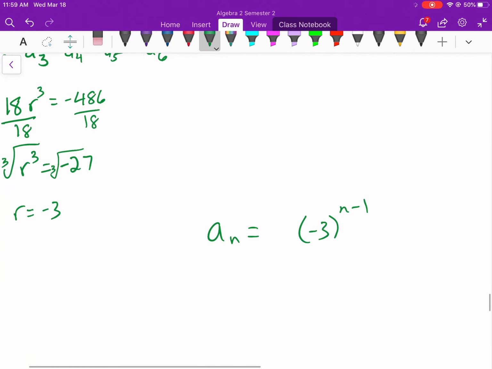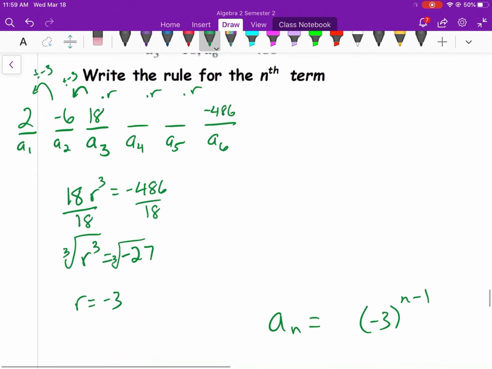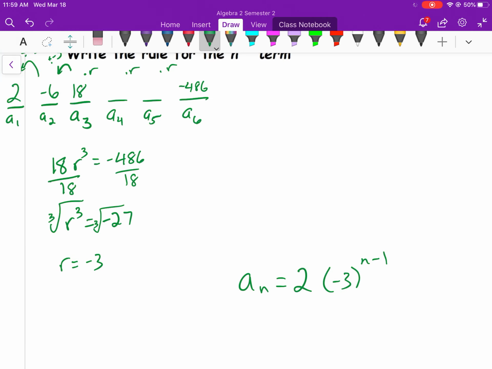I know I have a common ratio of -3, meaning instead of going back a term, I'm going to divide by -3. 18 divided by -3, we're going to get -6. -6 divided by -3, we're going to get +2. Therefore, first term is 2. And since all I need in order to write an explicit rule is my first term and my ratio, plug it in, and there we get that.